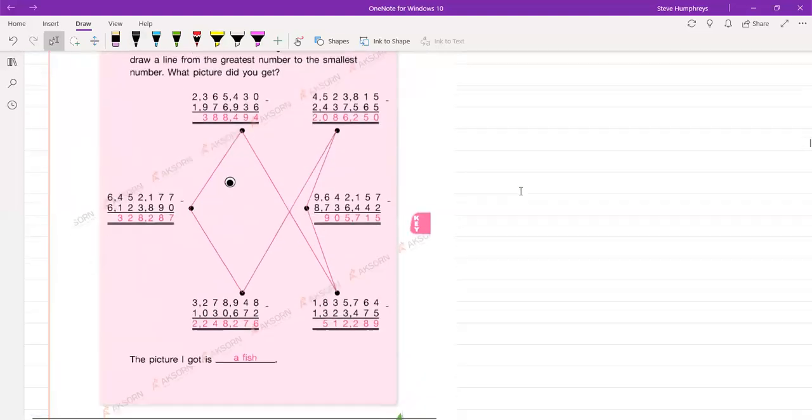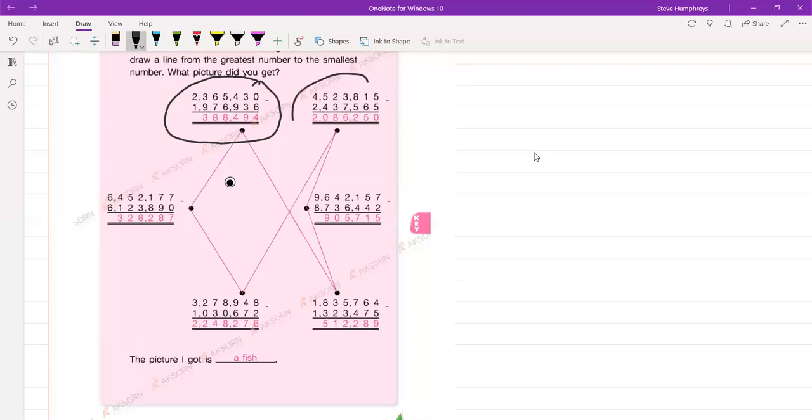So, yeah, number 3, you have 6 more subtraction calculations to do. Okay, so it's quite a lot of work.